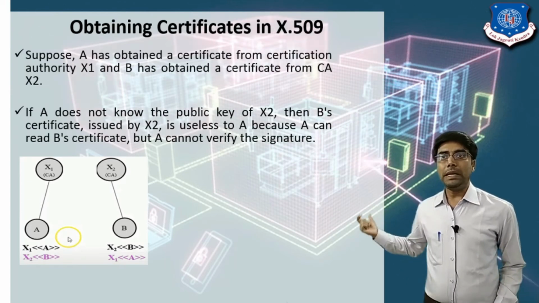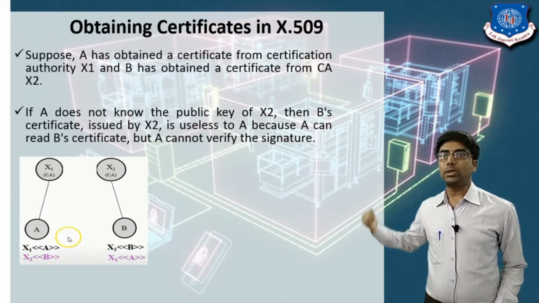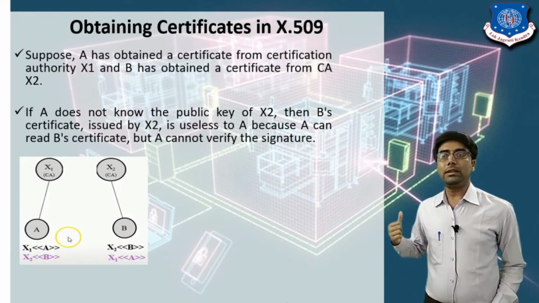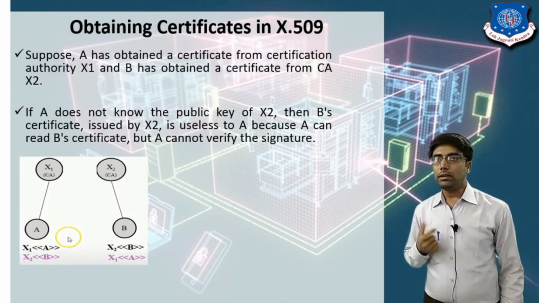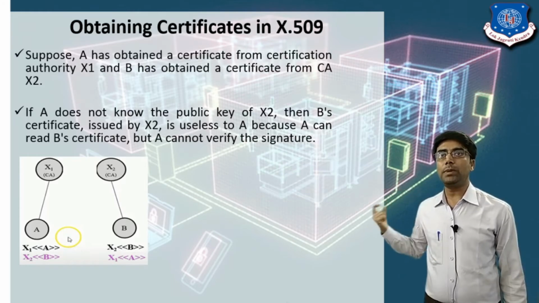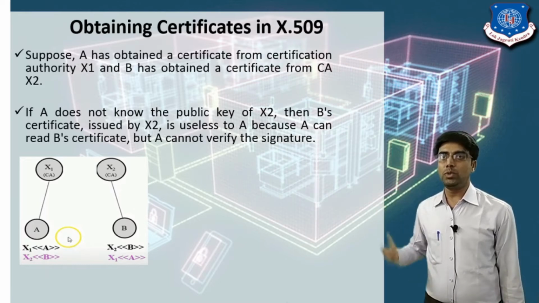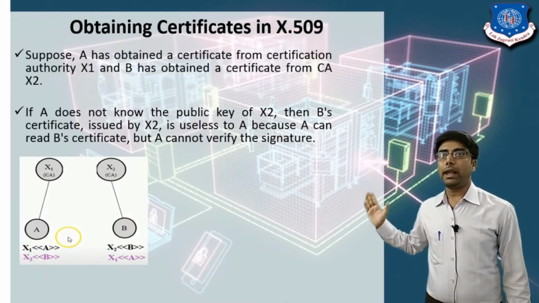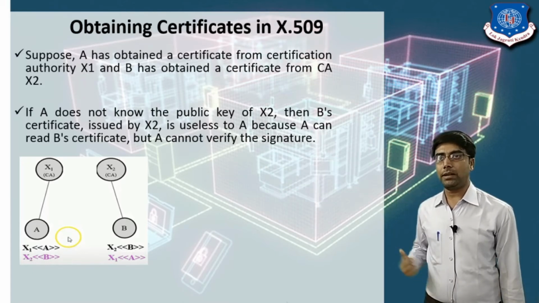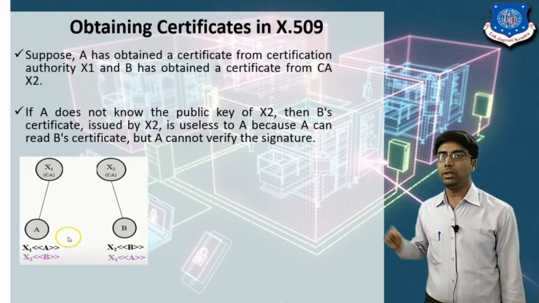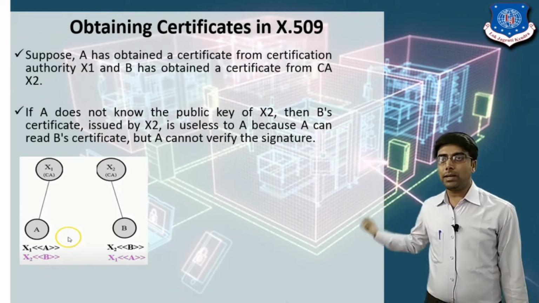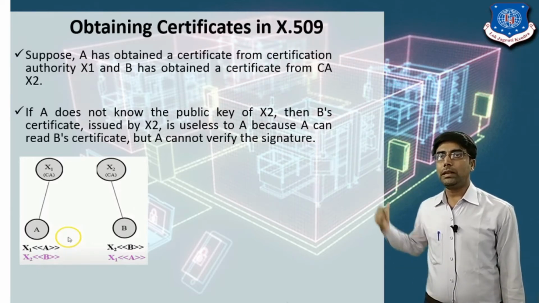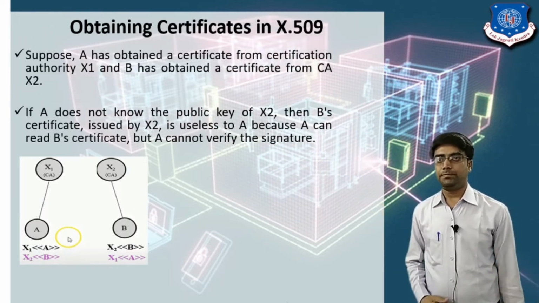So again here B doesn't know the public key of the X1 certificate authority, so B cannot verify the certificate of user A. So this line is mentioned: if A doesn't know the public key of X2, then B's certificate issued by X2 is useless to A, because A can read B's certificate, but A cannot verify the signature.